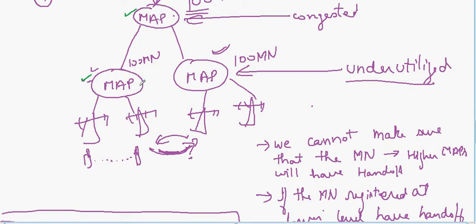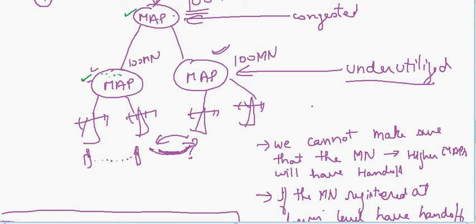The problem with this registration was, what if all the mobile nodes are moving at the same speed? If they are at the lower speed, then mobile nodes will register only to this MAP. So only this MAP will be overutilized or congested, and the rest of the MAPs will be underutilized.